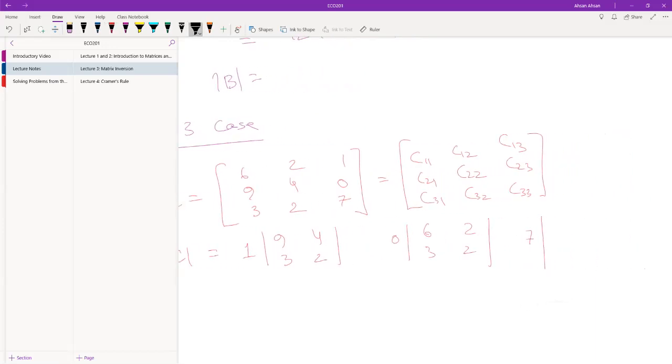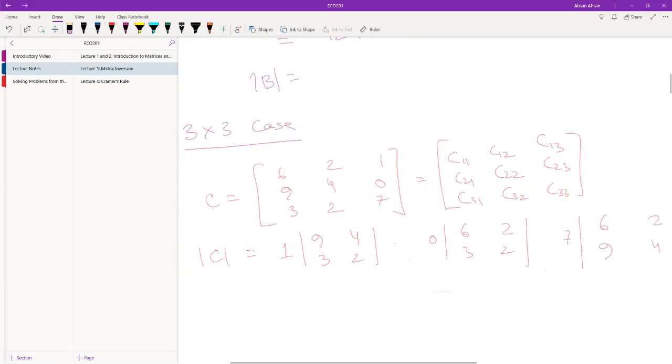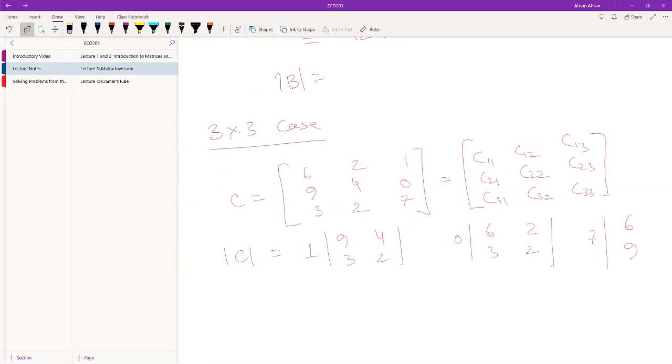And what happens, we ignore the row and the column. And what we are left with is 6, 2, 9, 4.